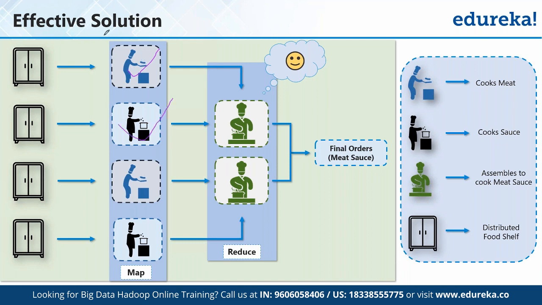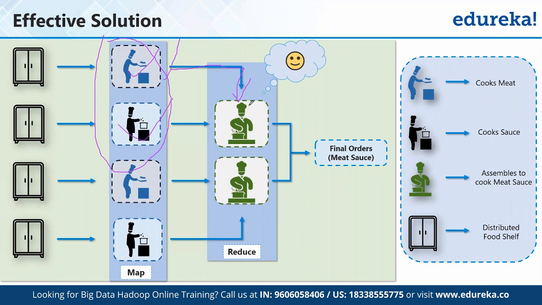Like you see here, in this phase in big data processing, we are actually preparing for food processing. Some of the cooks are cooking meat, some of the cooks are cooking sauce, and so on. When all of them are working in parallel, and once they are done with their jobs, in this unit we are mixing them up.